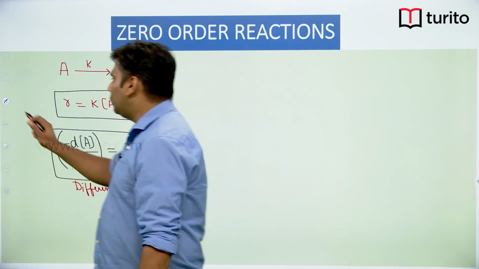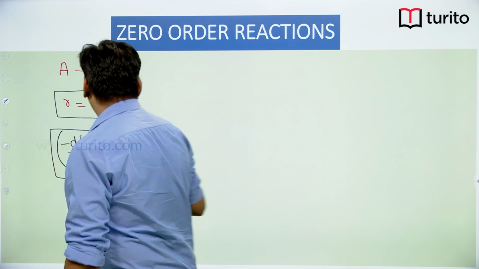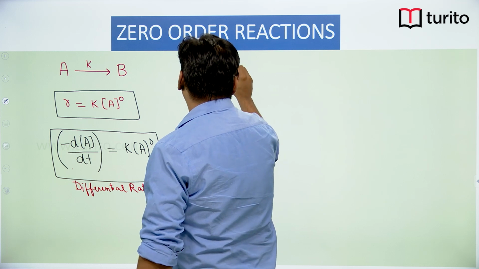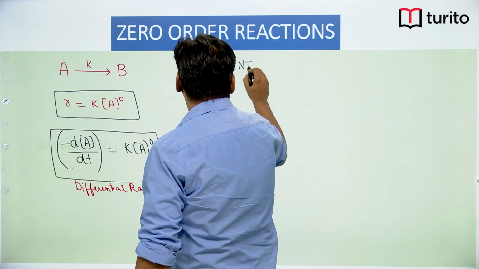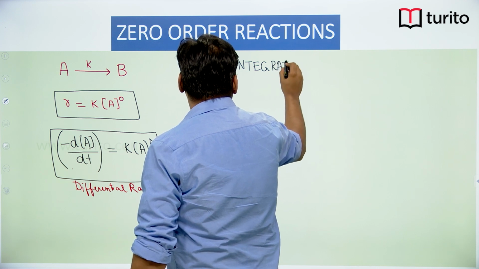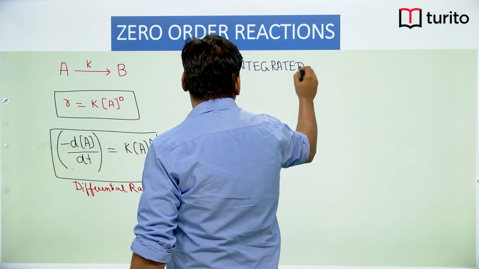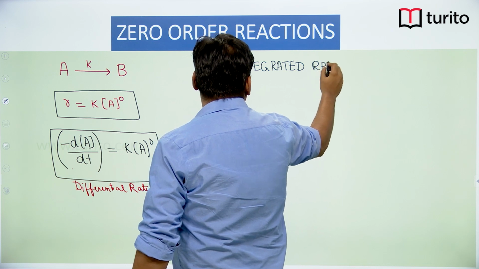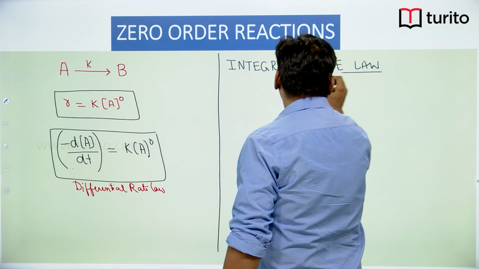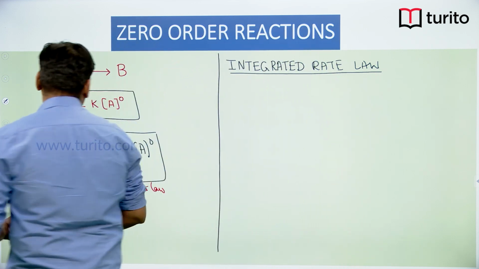So we are going to integrate this and find the integrated rate law for a zero order reaction. So we are going to derive the integrated rate law for a zero order reaction.